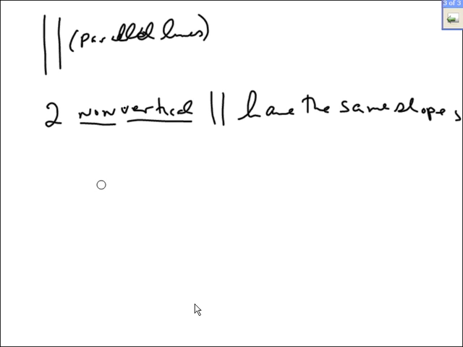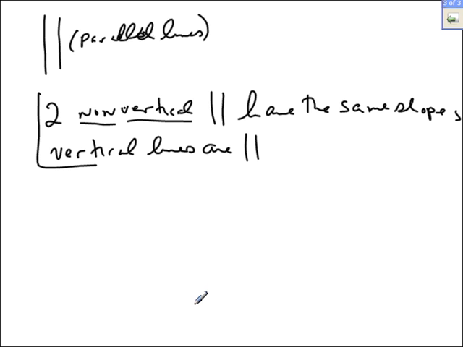So, when are lines parallel? Well, for non-vertical lines, if they have the same slope. And I will say that vertical lines are parallel. So I say two parallel lines have the same slopes, and let's say it in if-then format.